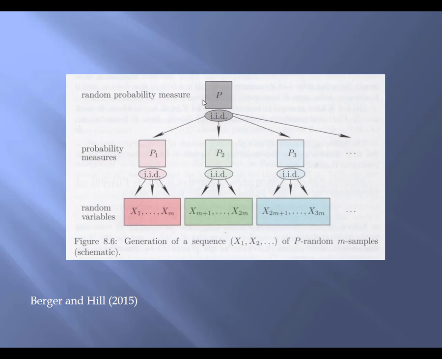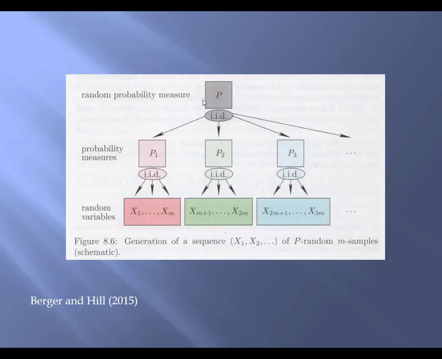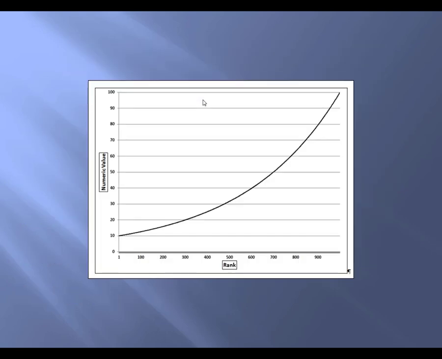You can read their book, and what this theorem basically says is, if I have lots of numbers all coming from different random distributions, this random set of random distributions will follow Benford's Law. And that's why transactions will follow Benford's Law, if indeed that is the underlying process.